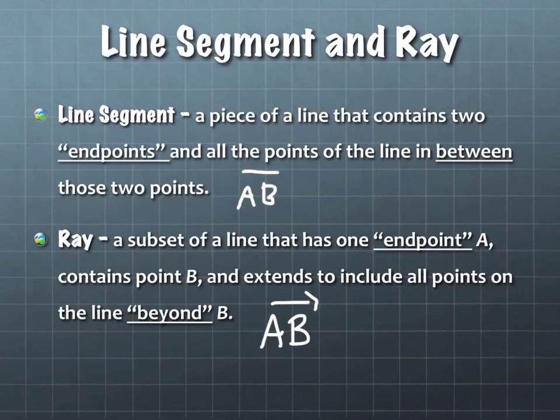It includes all points that go beyond B, so the arrow does in fact have to go that direction. It would be a different ray if I wrote the letters as B and then A. It would be the ray going the opposite direction. Sometimes, though not as common, you'll hear this called a half line. So just in case you hear that word used anywhere, it means ray.